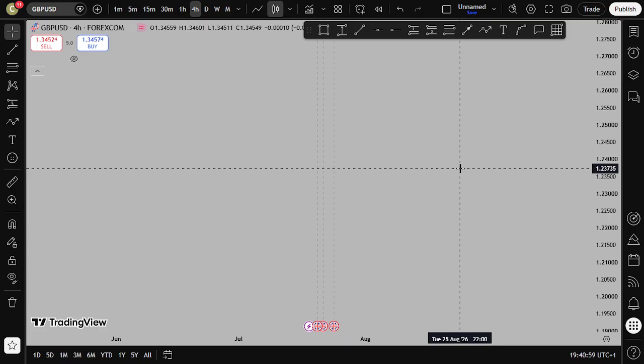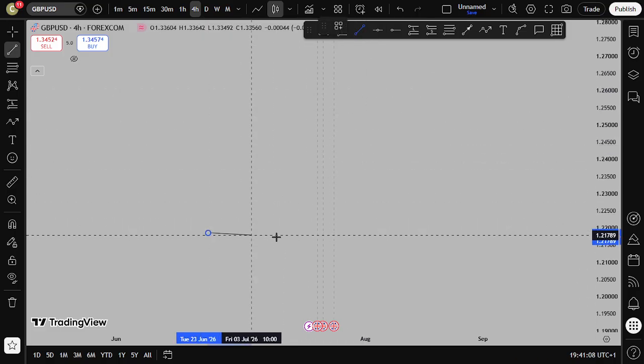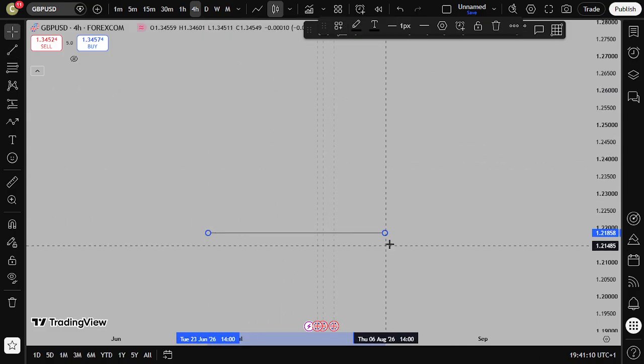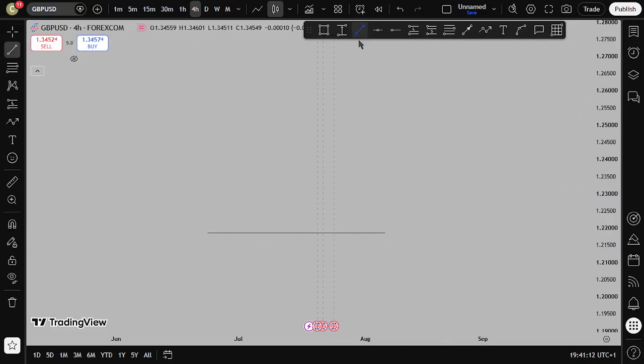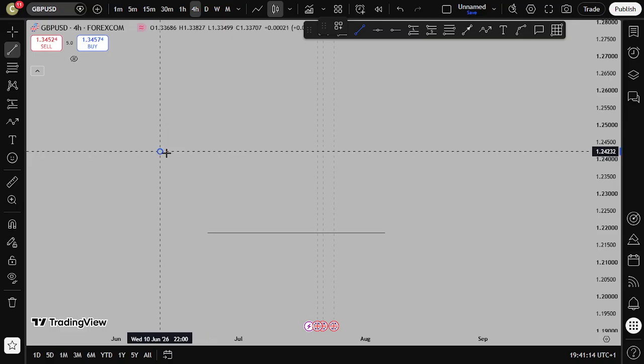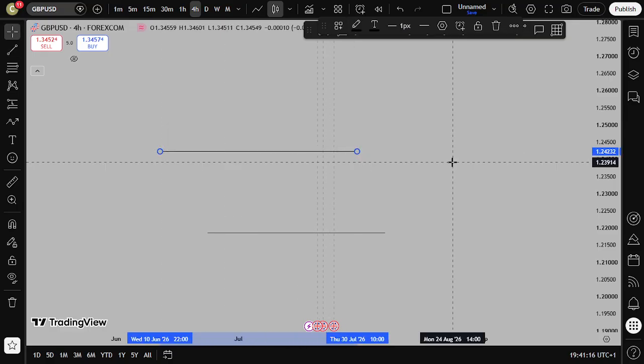So as a beginner, you're supposed to know what support and resistance is. When we are talking of a support, we are talking of like the base, the floor. When we are talking of resistance, we are talking of what? The roof, the ceiling. That is what is stopping us above. Then below is the support, what is holding us upward.